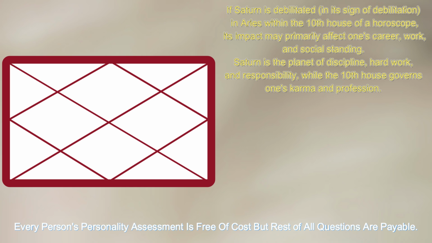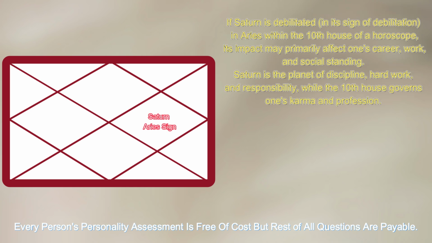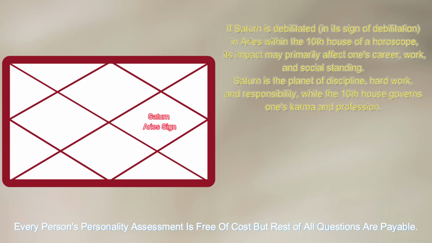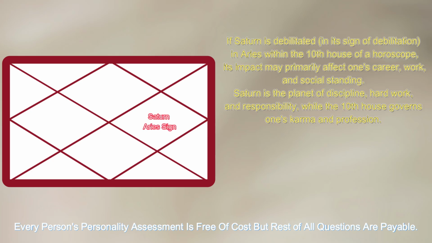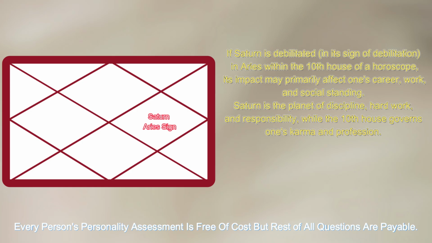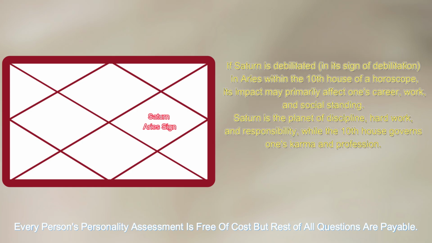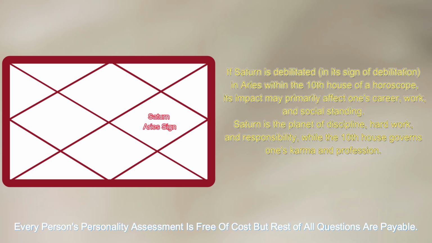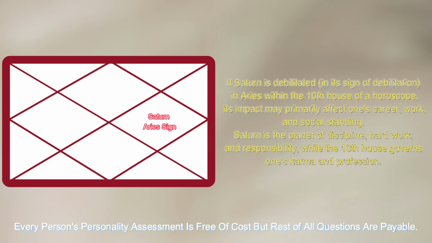If Saturn is debilitated, in its sign of debilitation, in Aries within the 10th house of a horoscope, its impact may primarily affect one's career, work, and social standing. Saturn is the planet of discipline, hard work, and responsibility, while the 10th house governs one's karma and profession.